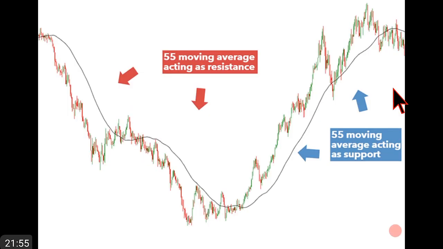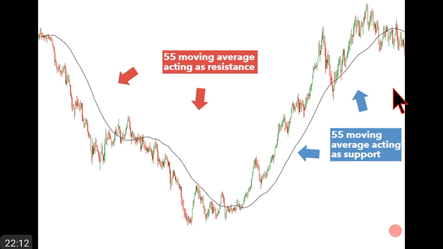So guys, this is a simple demonstration of the moving average acting as support and resistance. You realize that at first the moving average is acting as a resistance because this is a downtrend.